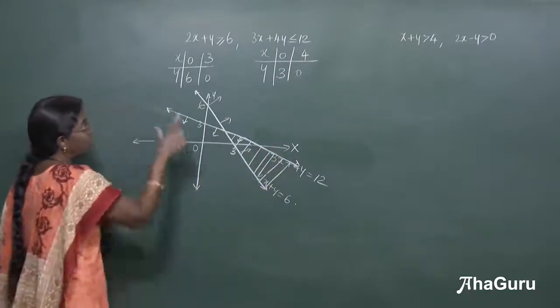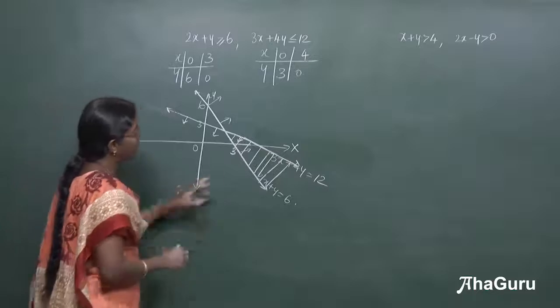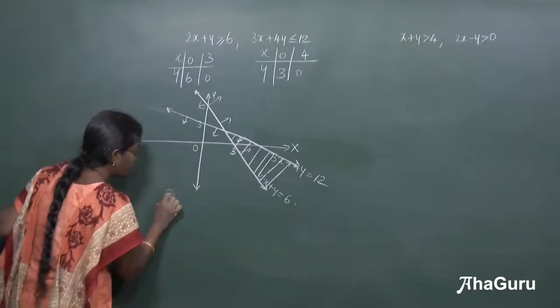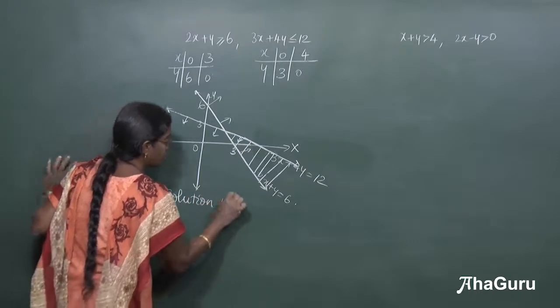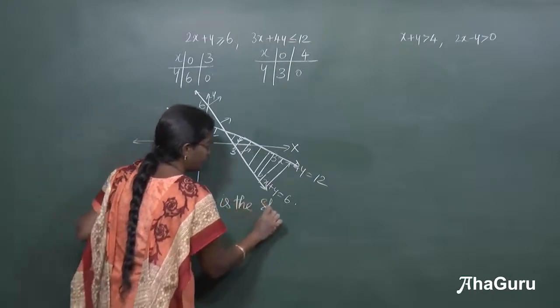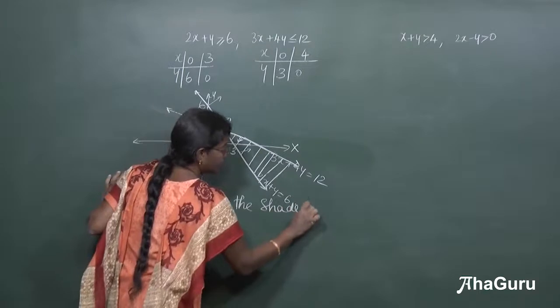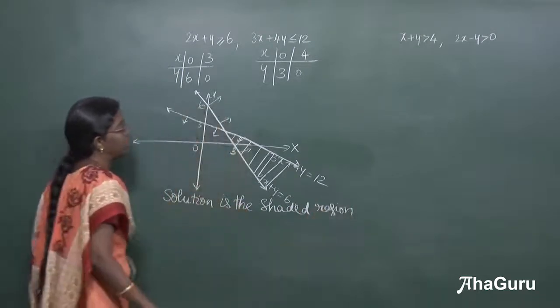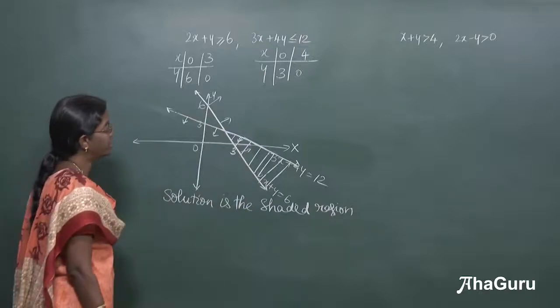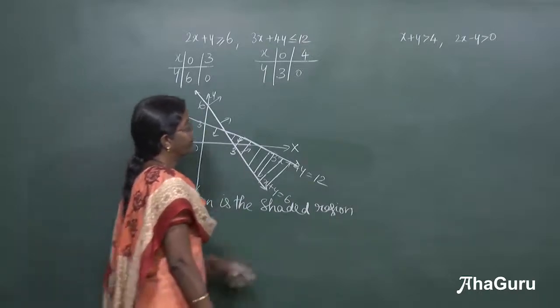So, the common region for both the inequalities together will be this particular region. So, you will write here the solution is the shaded region. It is of course an unbounded region, so you do not have to mark any vertices, you will just write the solution as the shaded region.